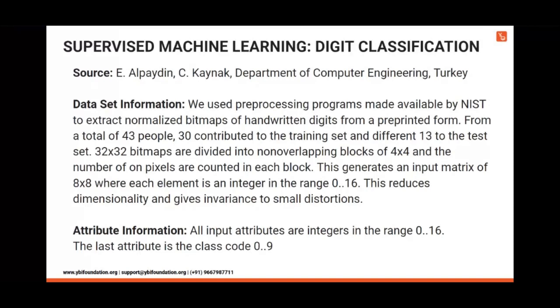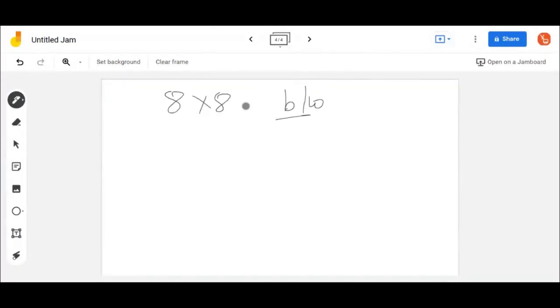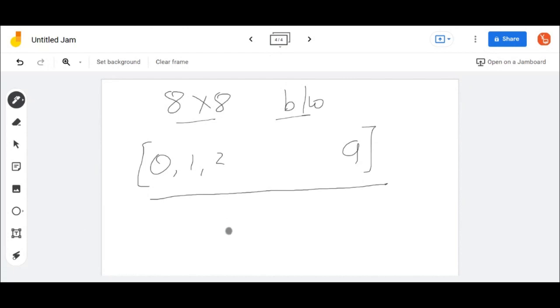These are black and white digits of 8 by 8 pixels, a very standard pixel size. The data set is there in the sklearn library. We are going to use it and see what is required in terms of the image to solve the classification problem.